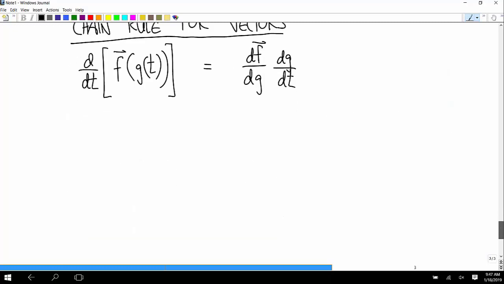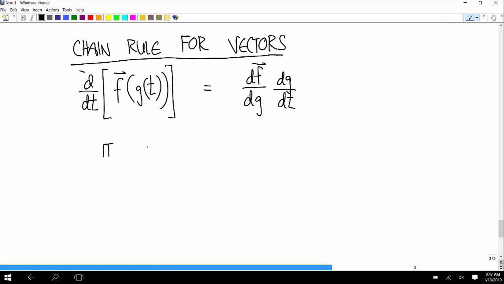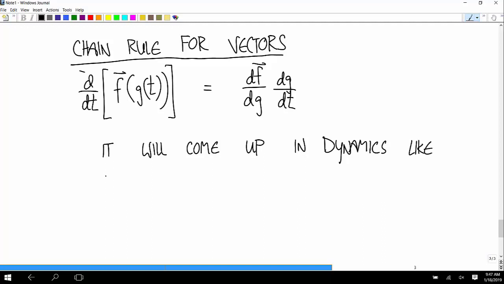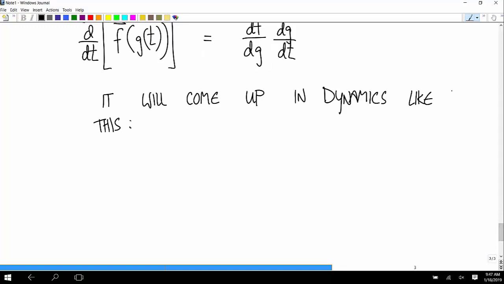Here's the way it'll come up. It'll come up in dynamics like this. So we know that acceleration is the time derivative of the velocity, right?